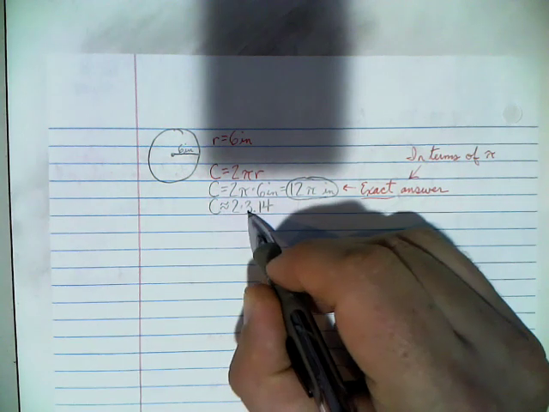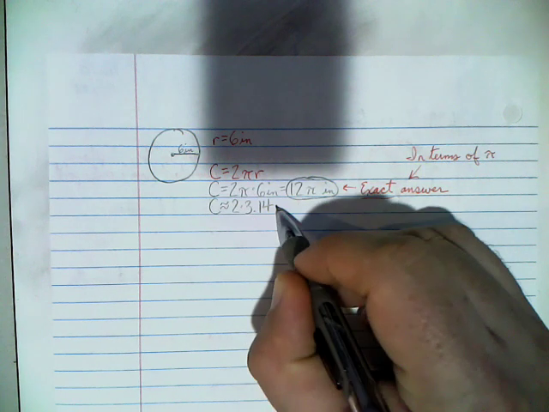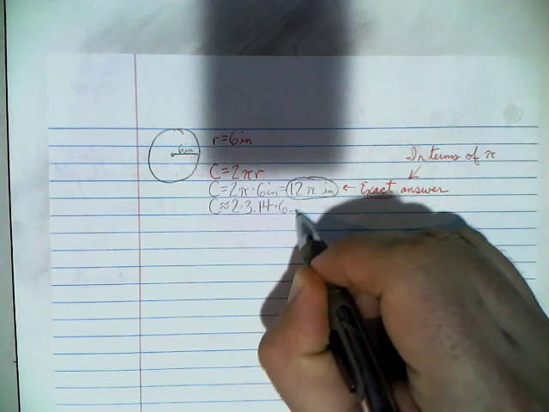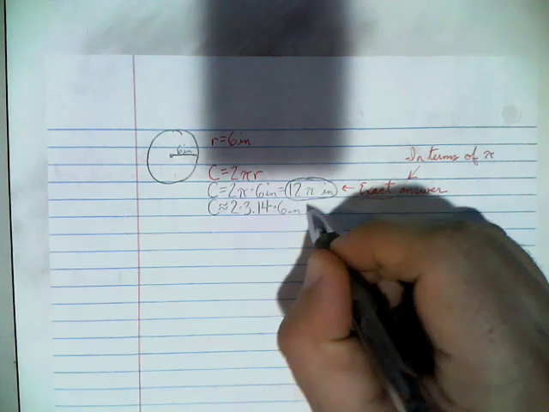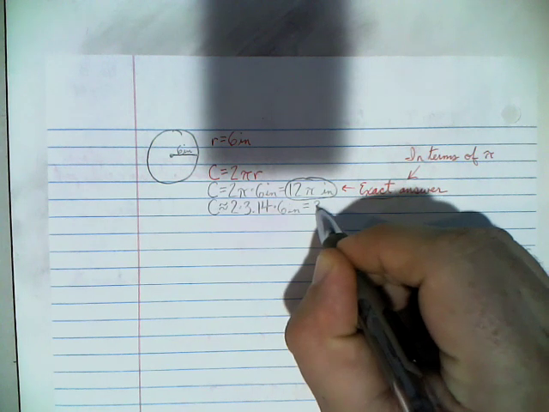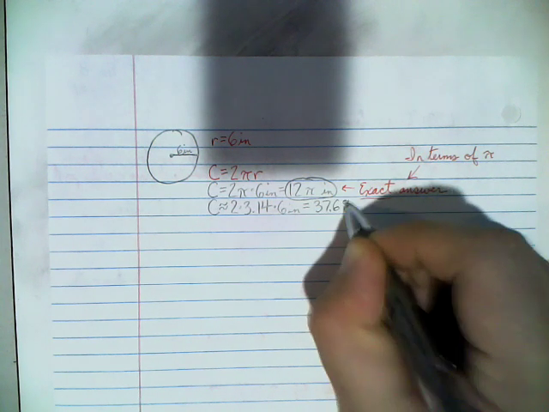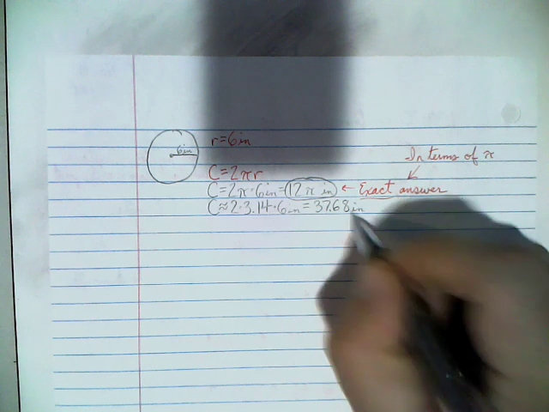So there's my 2, there's my pi approximately, and then my radius is still 6 inches. And then from here, if we go ahead and we multiply that together, 2 times 3.14 times 6 comes out as 37.68. And of course, it's still inches.